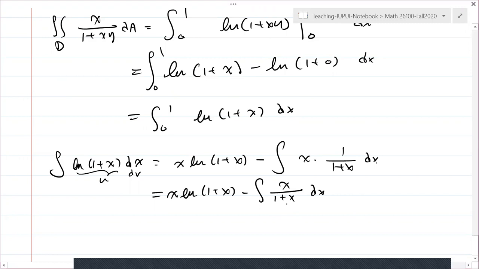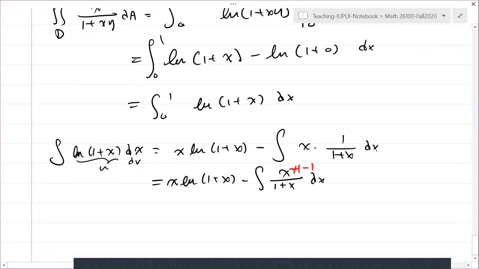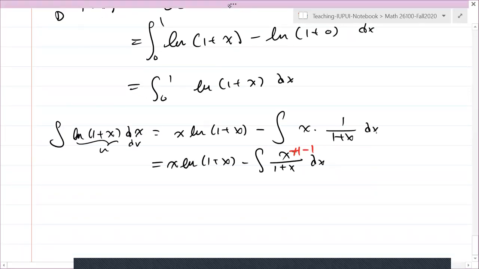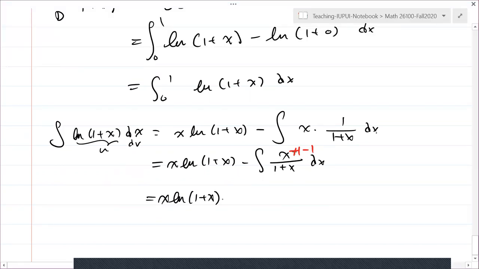Well, you have to decompose it. The easiest way to do it is just add 1 minus 1 in the numerator, so x plus 1 minus 1 over x plus 1. That is a quick way to do it. So x plus 1 over x plus 1 is 1, minus 1 over 1 plus x. Otherwise, you have to divide x by 1 plus x. You still get the same result.